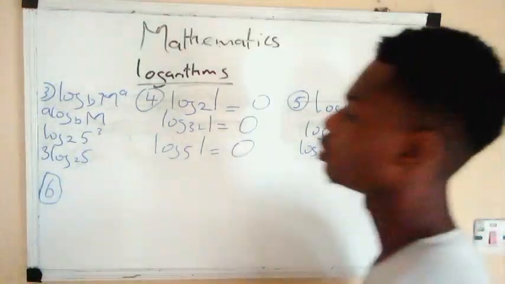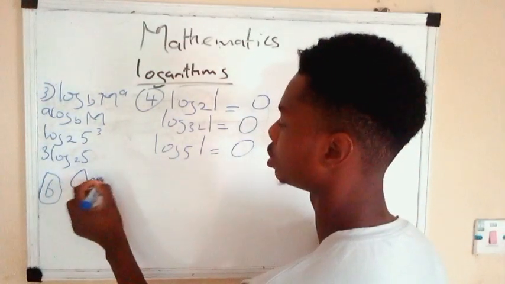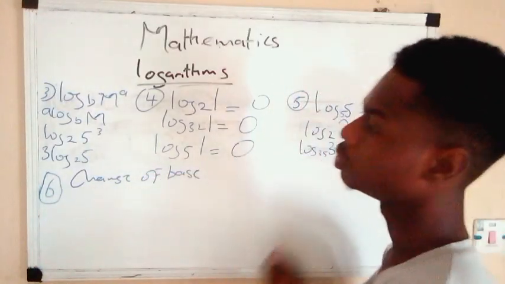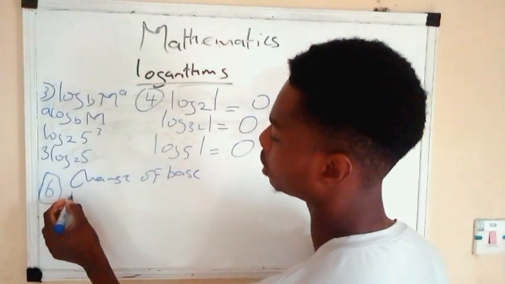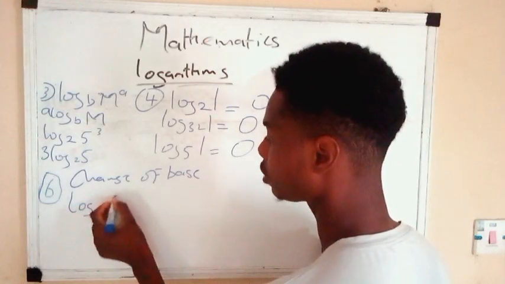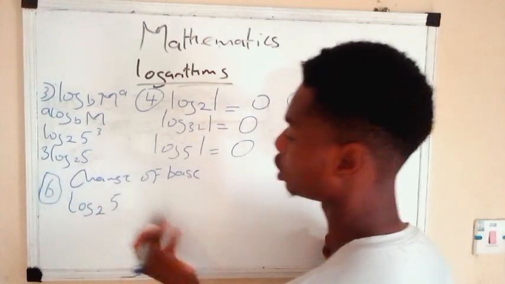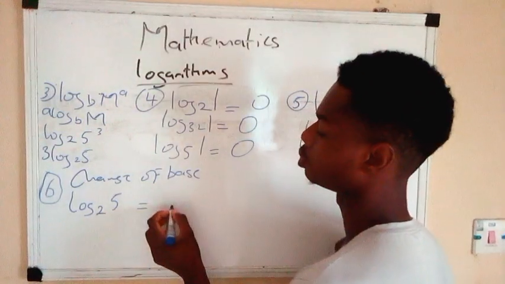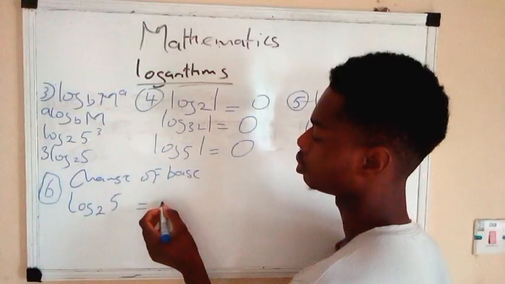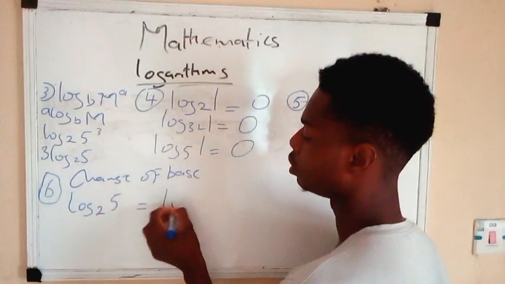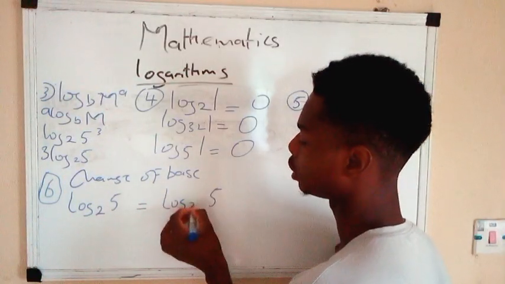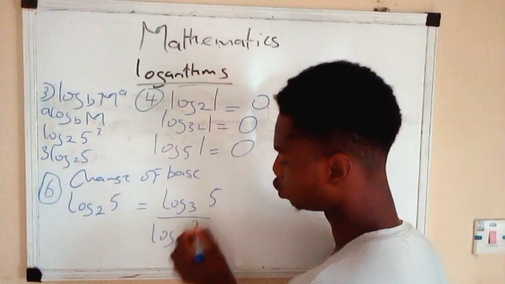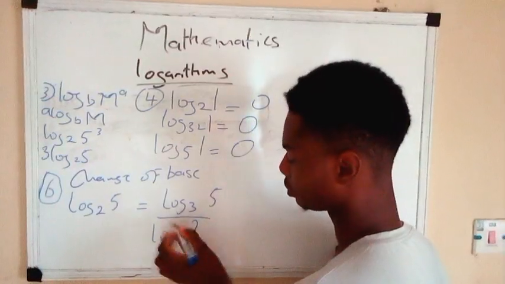Now the sixth and the final law. Alright, for the sixth and final law, you have what is called change of base. If you want to change base, the first thing you do is, maybe you have something like log 5 base 2 and you want to change it to base 3. This is how you will do it. It will be equal to log 5 base 3 over log 2 base 3.